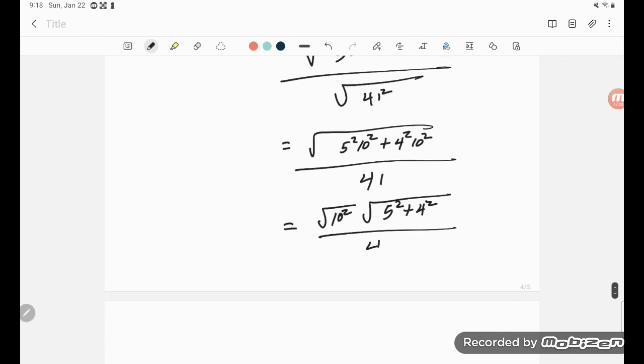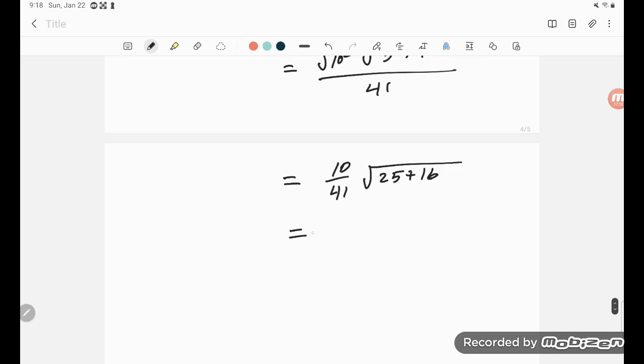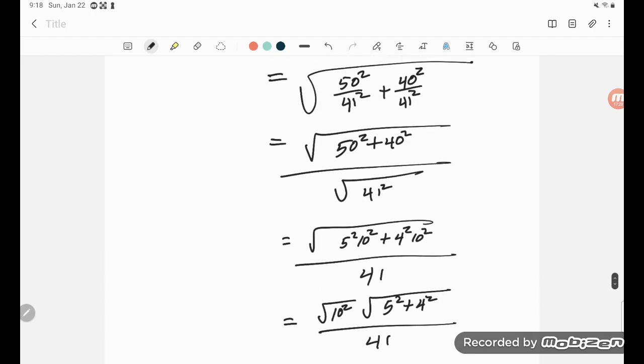And that's all over 41. And so that becomes, well, the square root of 10 squared is 10. So I got 10 over 41, and then times this thing, which is 25 plus 16. Well, that's 41. So this is 10 times the square root of 41 over 41. And that is my distance.